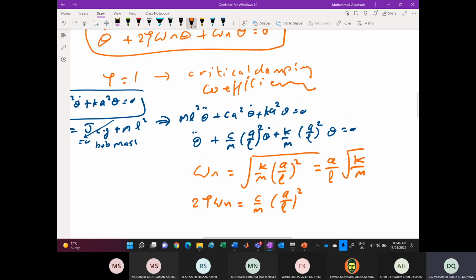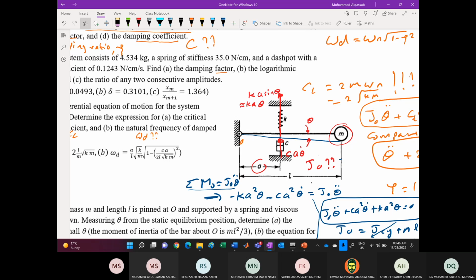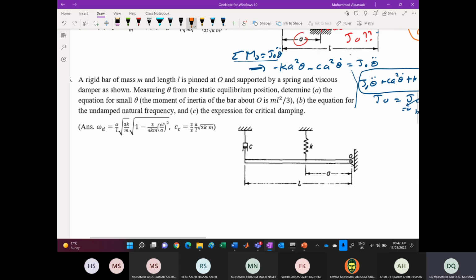The question is, what is the critical damping coefficient? We have a damper C here. What is the value of C that makes the system critical? Okay, critical means zeta equal to 1.